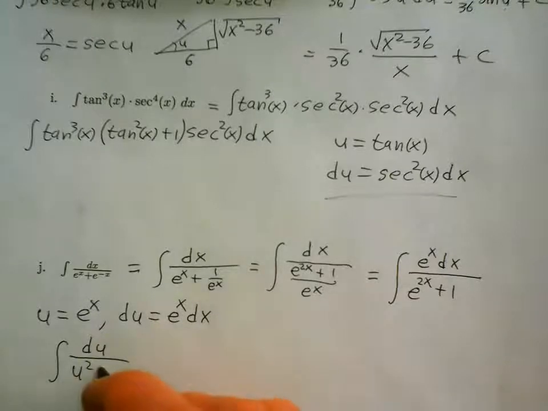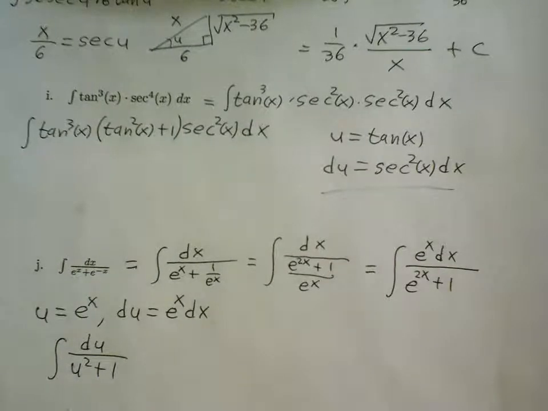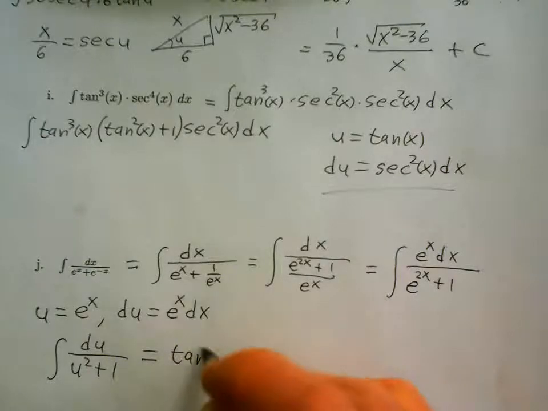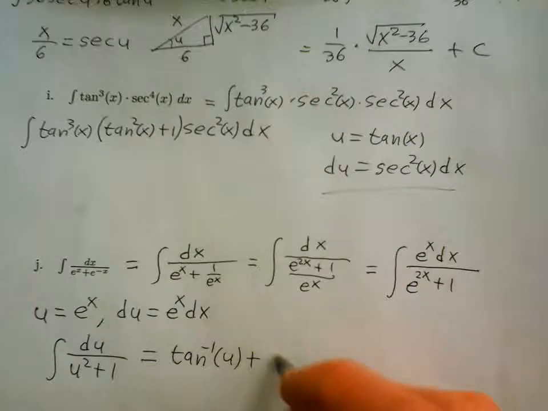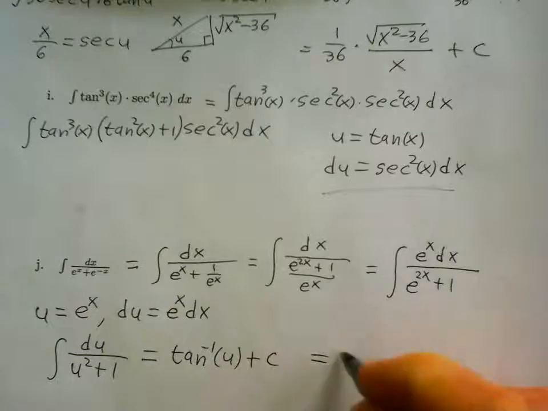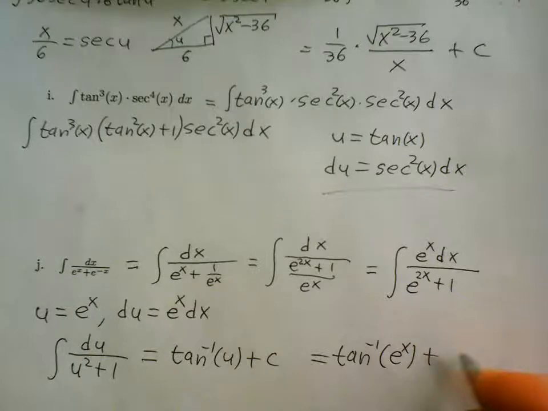So we have the integral of du over u to the second plus 1. So I've lost count how many times we've seen integrals like this. What's this integral equal to? Yeah, the inverse tangent of u plus a constant. And then we replace u with e to the x again. So we get inverse tangent of e to the x plus c.